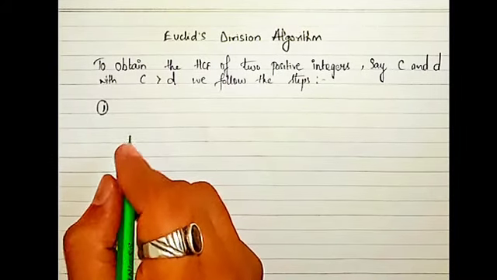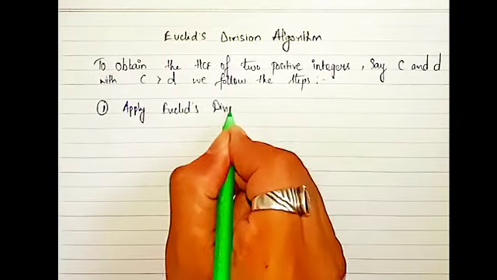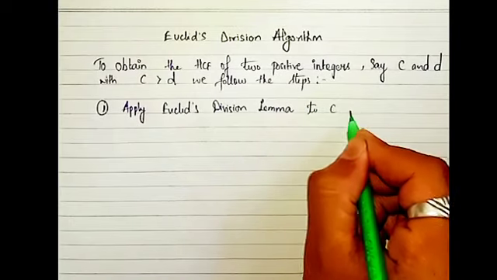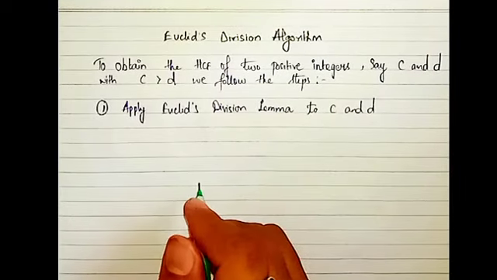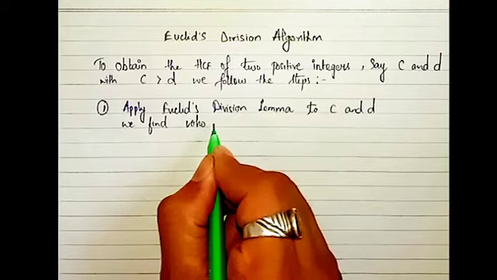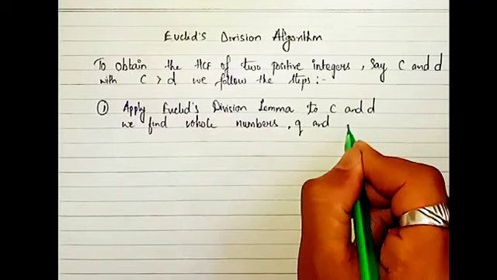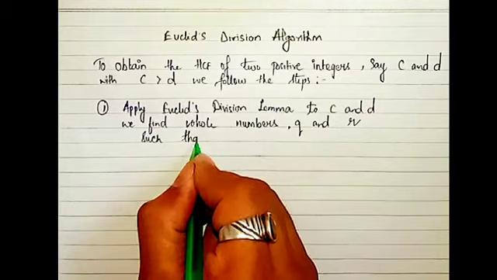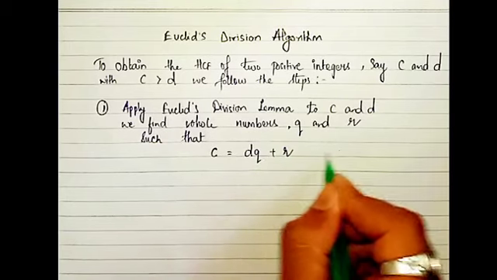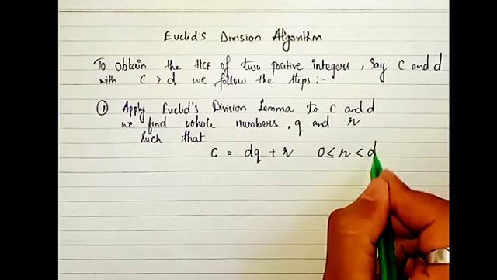Step 1, apply Euclid's division lemma to C and D. Now we find whole numbers Q and R such that the greater number, that is C, will be equal to DQ plus R, and the remainder R will be greater than or equal to 0 and less than the value of D.